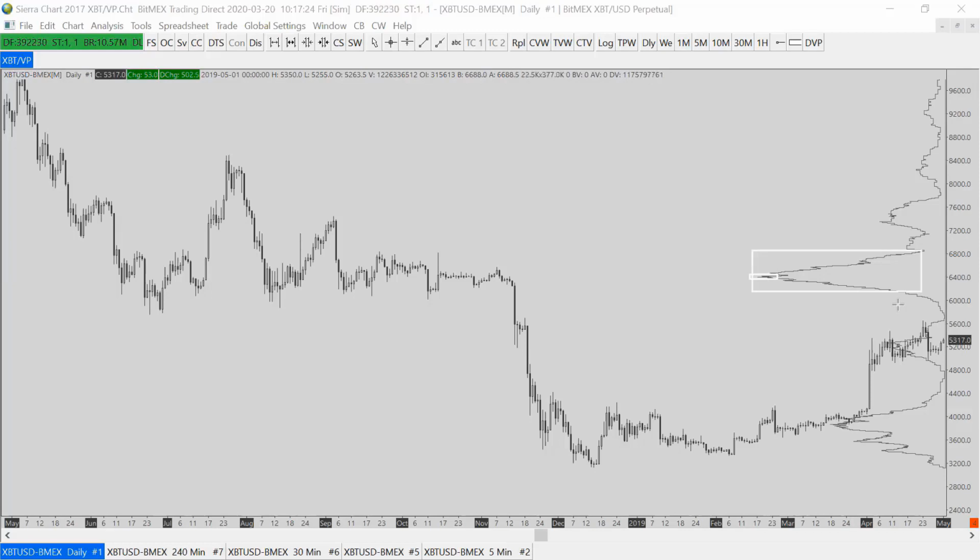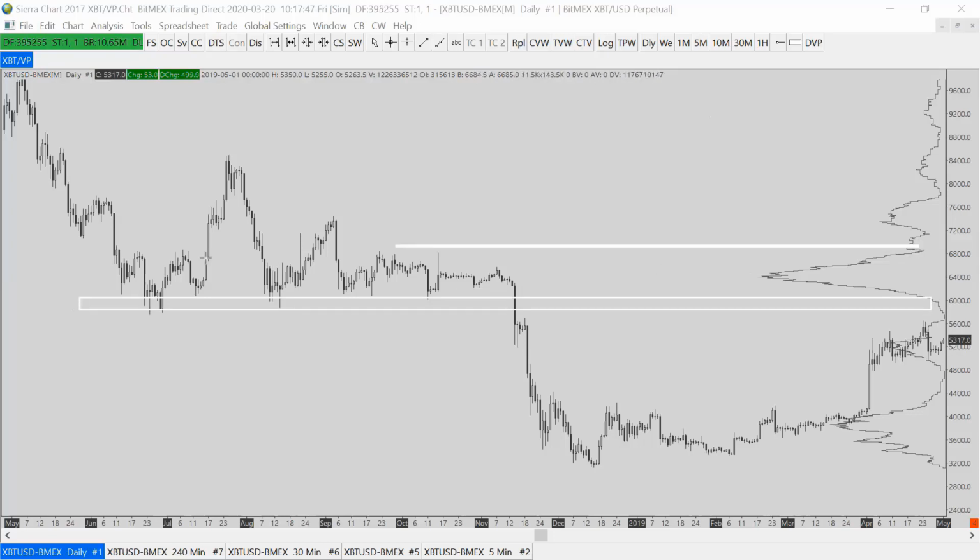And it's the edges of these high volume areas, where the volume begins to drop off dramatically, that people refer to as support and resistance.